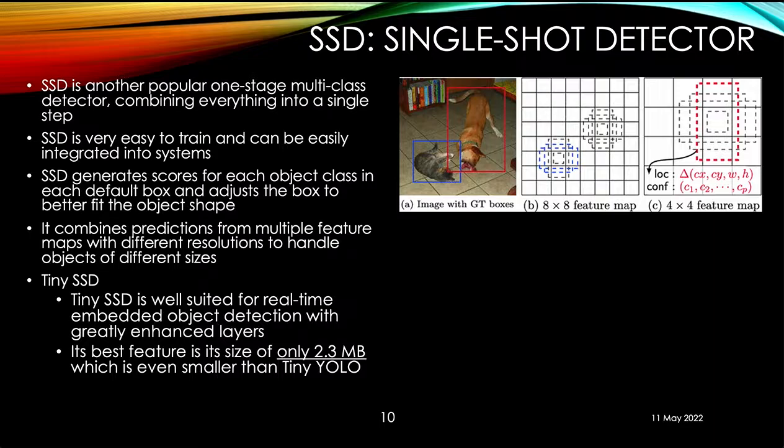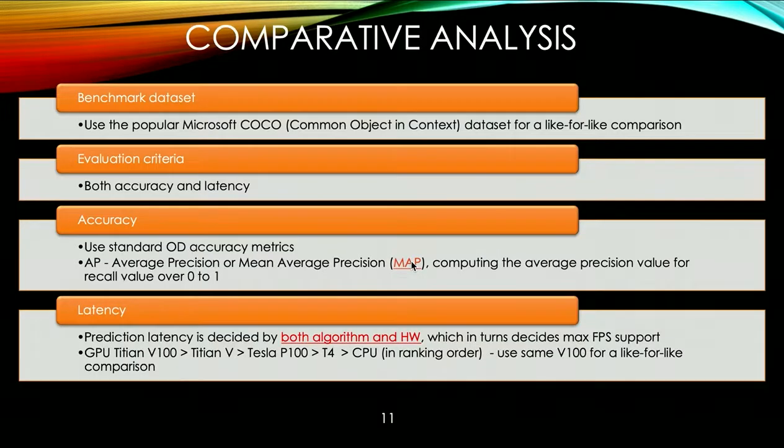Besides the basic model, a tiny SSD is also available, with a small size of only 2.3 megabytes, which is even smaller than the tiny YOLO, and is well suited for real-time embedded IoT object detection with greatly enhanced deep learning layers.